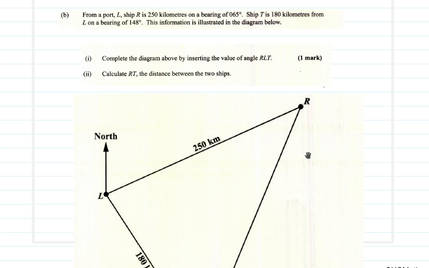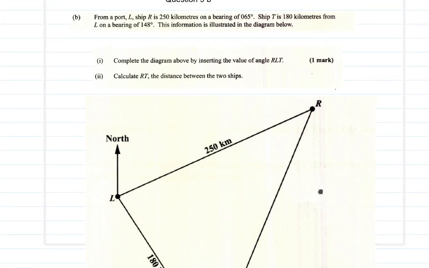Alright, you pause. What did you get for the answers? Let's see. So here, ship T is 180 kilometers from L. Ship R from L, ship R is 250. Let's look at that, RLT.